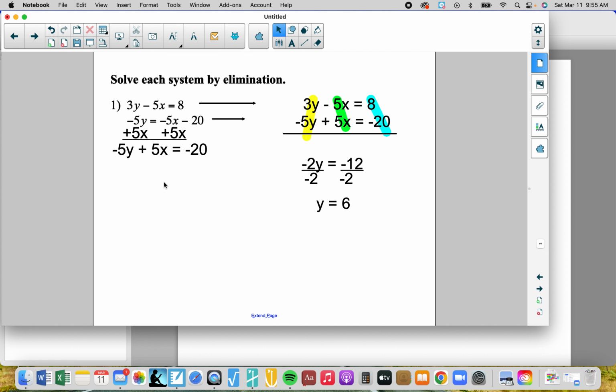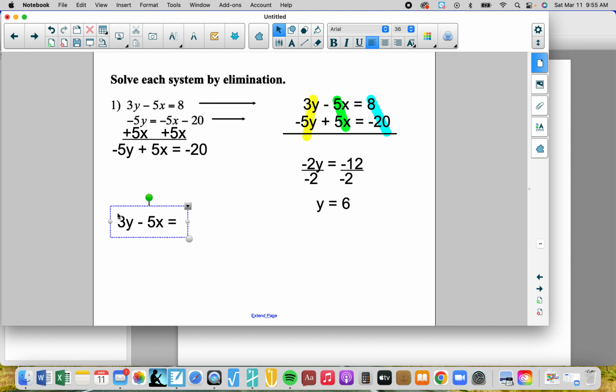Good. Now we can go back to any of these equations. I'm going to take the one that I haven't manipulated. That's another little important thing. Use the one that you know is for certain correct. So I'm going to use 3y minus 5x equals 8.